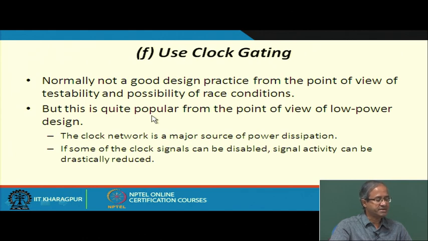primarily because in a typical chip the clock network is the one major source of power dissipation, because every node of the clock network makes 2 transitions in every clock period, in every cycle. So, that is the network where every node has the highest values of alpha activity, right.